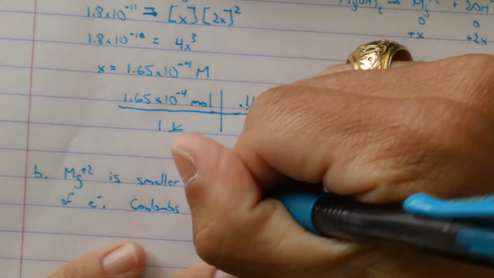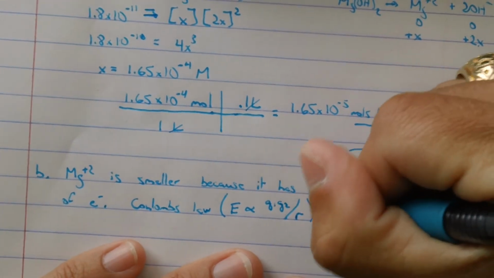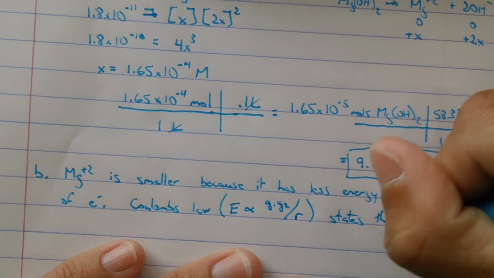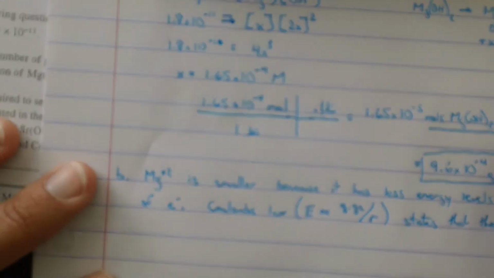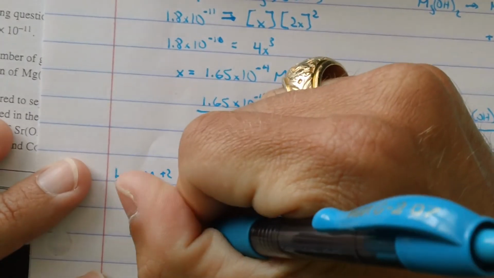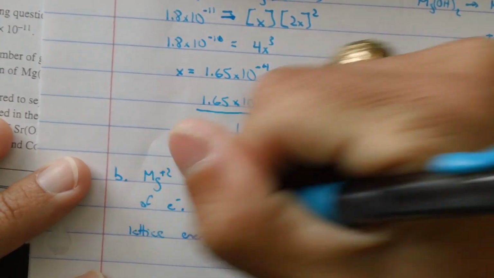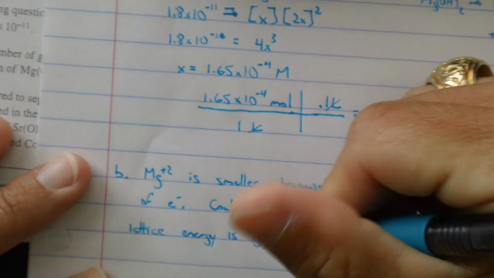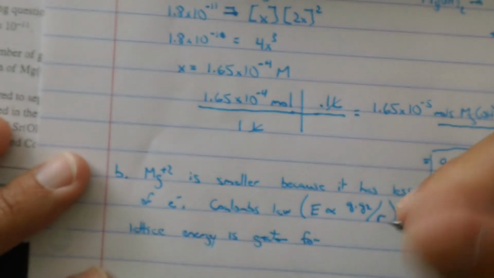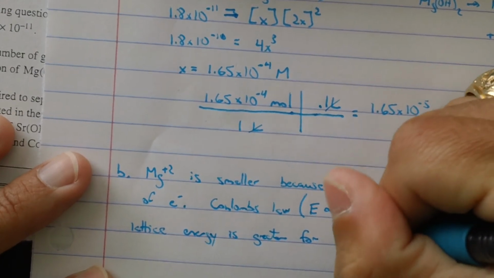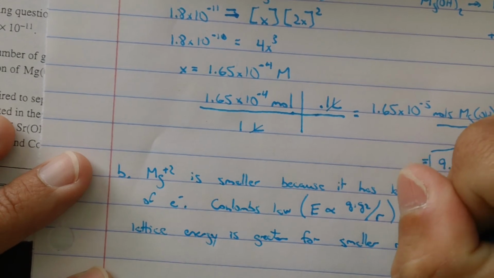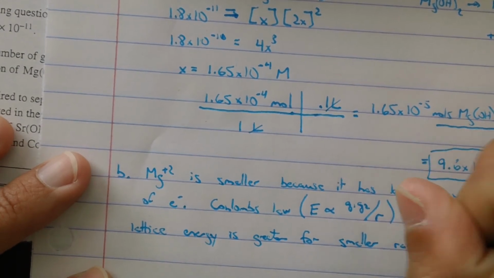Coulomb's law states that the lattice energy is greater for smaller radii.